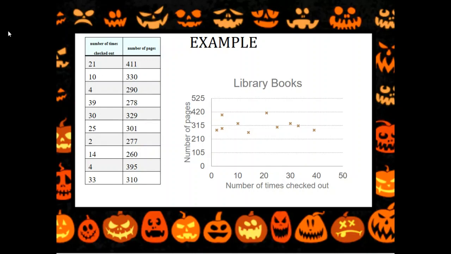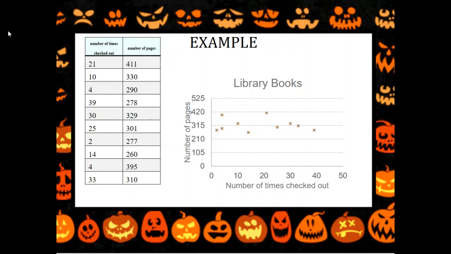So this one is actually 0 to 50 by 10s and 0 to 525 by 125s. Graph should look similar to this. And now what we'll do is, I mean, it almost looks like a straight line. Do you see that?